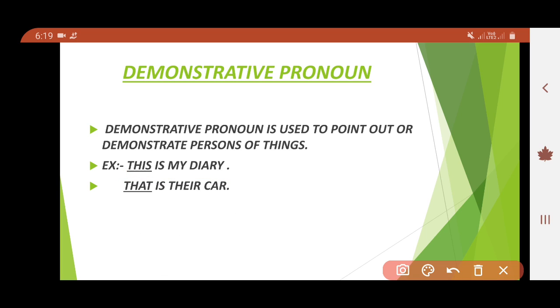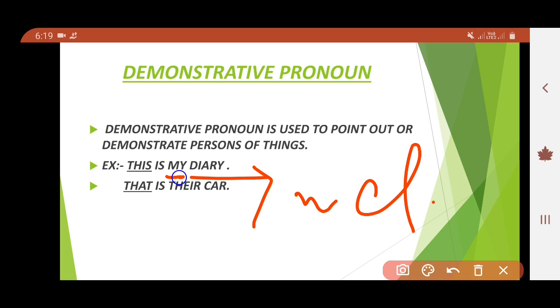It is demonstrating this diary more clearly. How? By using my. This demonstrative pronoun is used here to point out this diary more clearly, that this is whose diary? This is my diary.